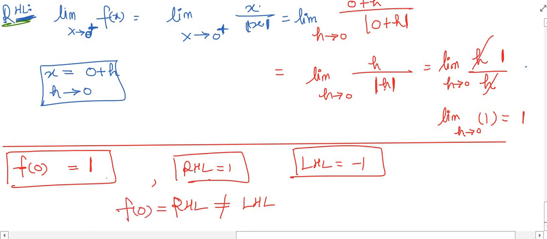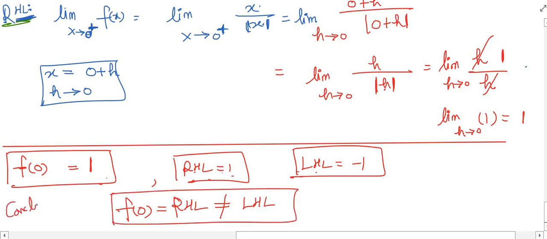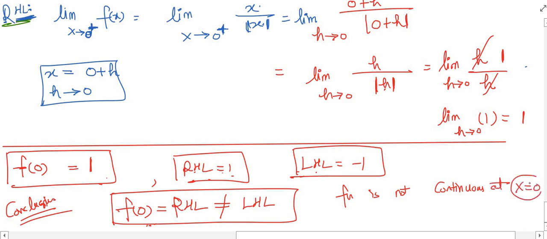That we can write. These two are equal, but these two are not equal. This is the conclusion. If this is the conclusion, what can we say? Function is not continuous at x is equal to 0. So that's how we test it.